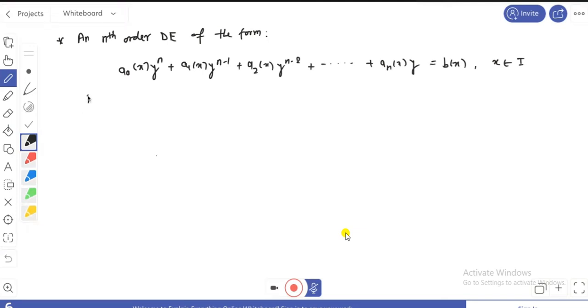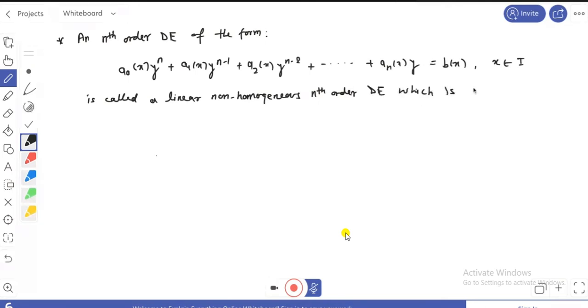This is called a linear non-homogeneous nth order differential equation, non-homogeneous due to the b(x) part.